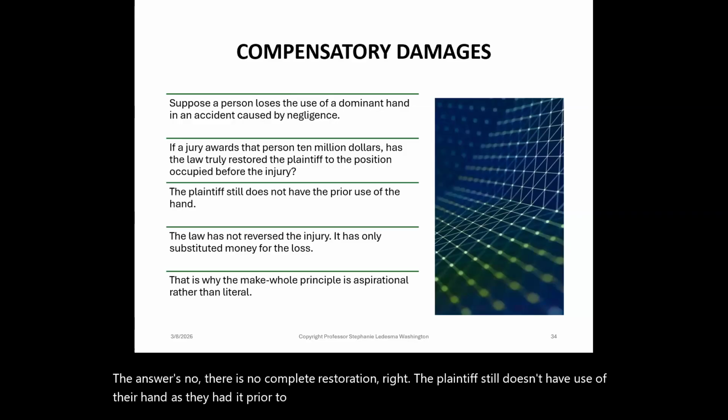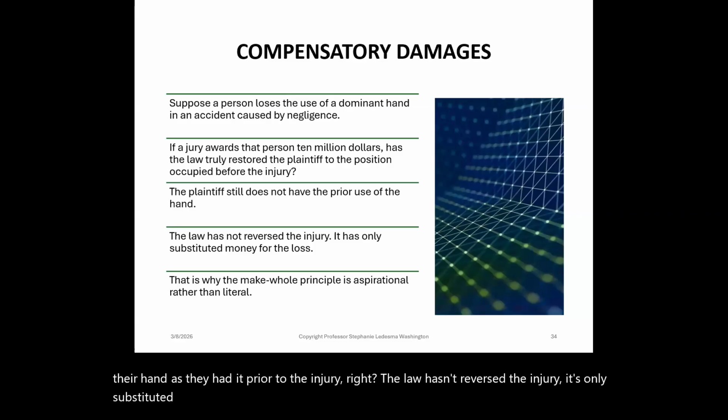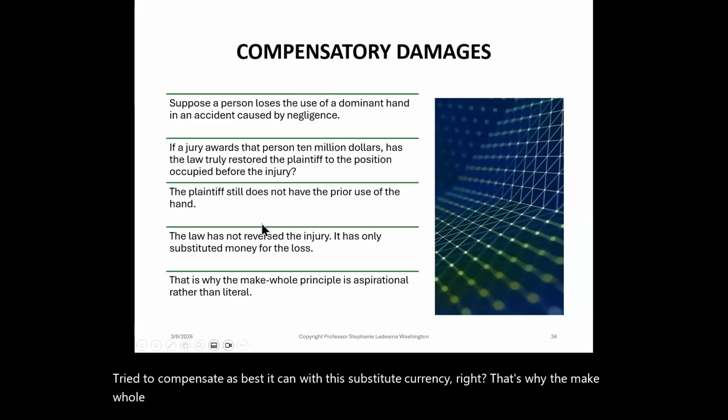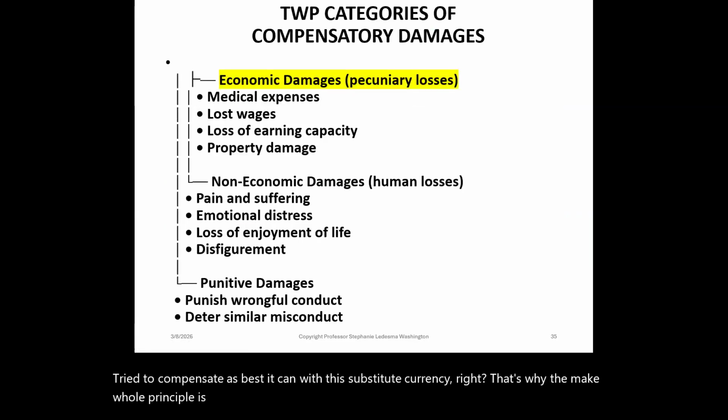The law hasn't reversed the injury. It's only substituted the injury. It's only tried to compensate as best it can with this substitute currency, right? That's why the make whole principle is aspirational rather than literal.